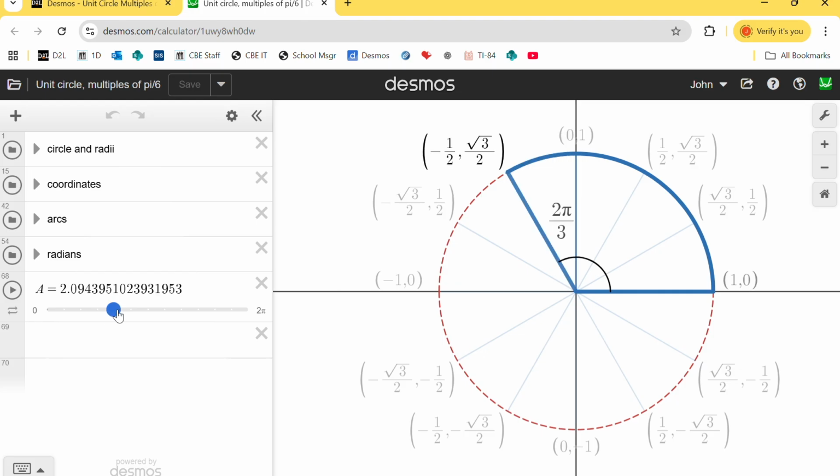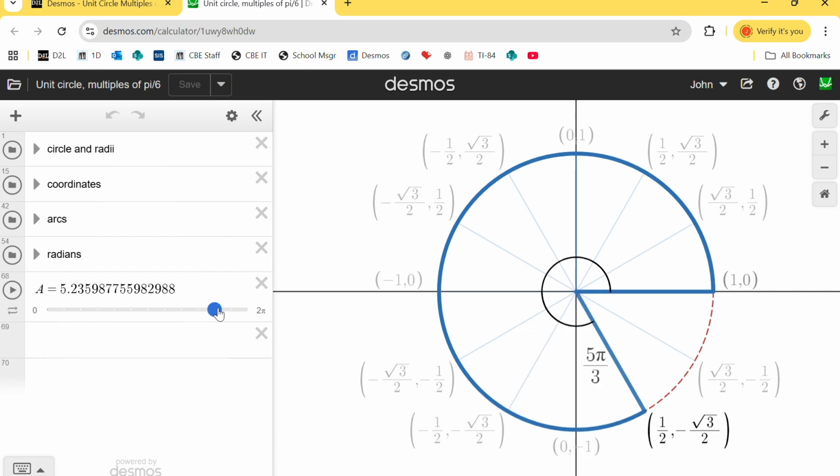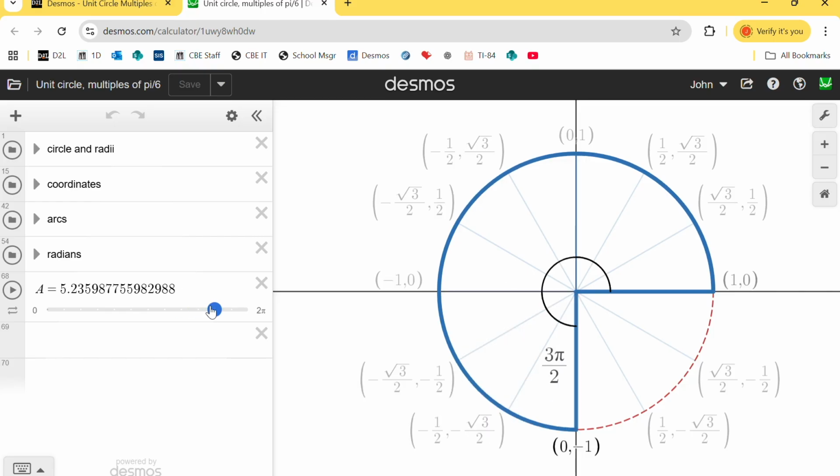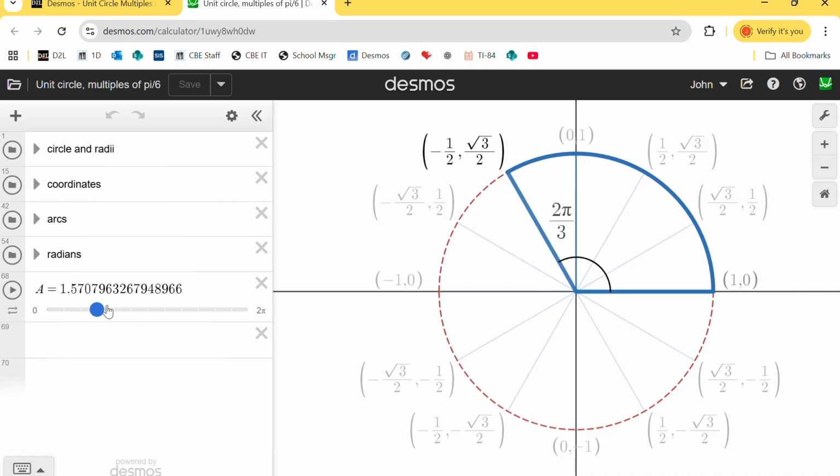Right? These are the values we looked at. The only thing we're missing is pi over 4, which would be square root of 2 over 2, but you get the idea. So there's our wonderful animation, stepping through the unit circle in pi over 6 radians at a time.